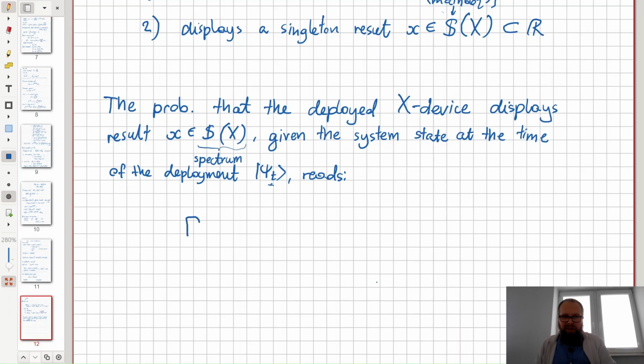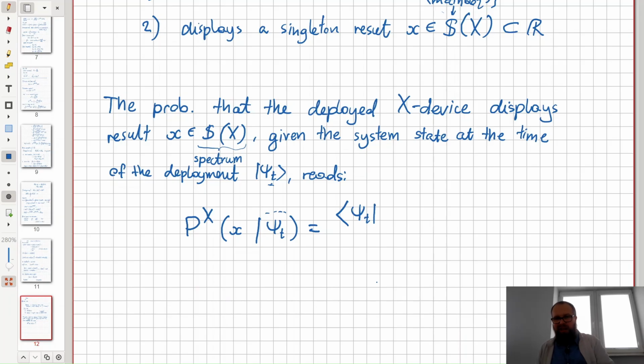The probability p, without a hat, because with a hat it would be something else, with superscript X reserved for the X device, the X observable. The probability that the result is x given the state is a standard conditional probability notation. And the formula is thus.